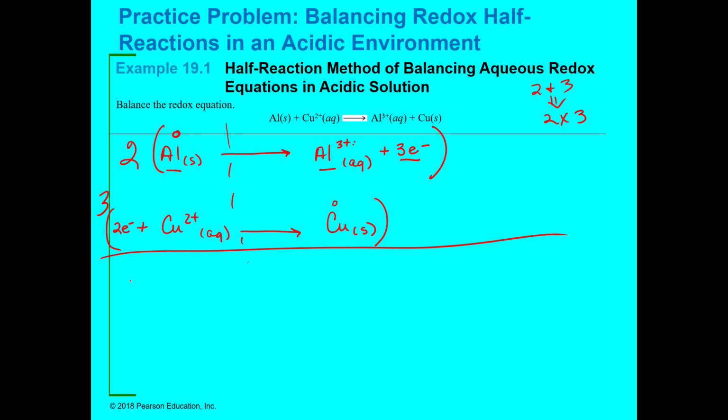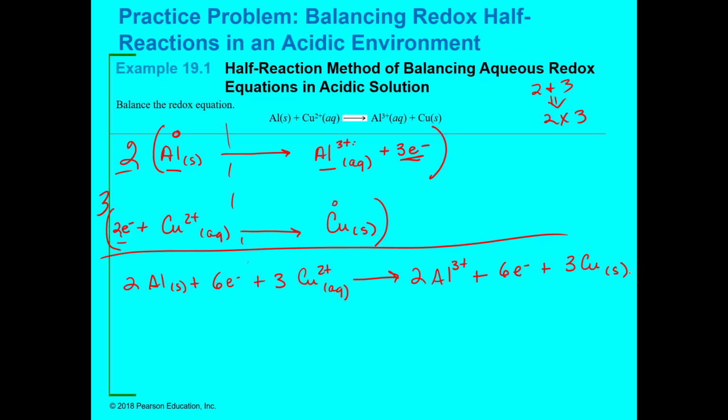So 2 times 1 aluminum is 2 aluminum solids plus 6 electrons. 3 times 2 is 6, plus 3 Cu2+ gives me 2 Al3+ plus 6 electrons, right? 2 times 3, plus 3 copper.